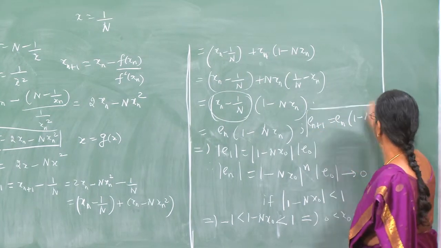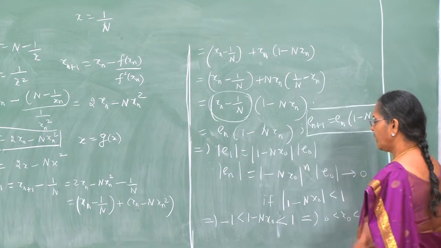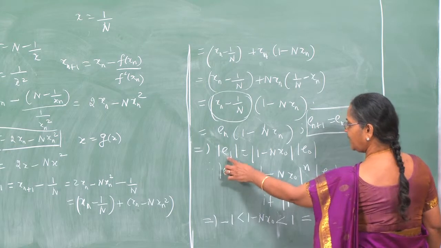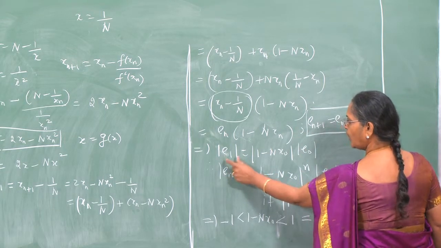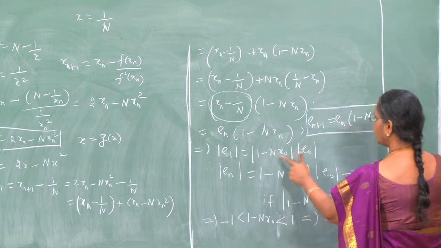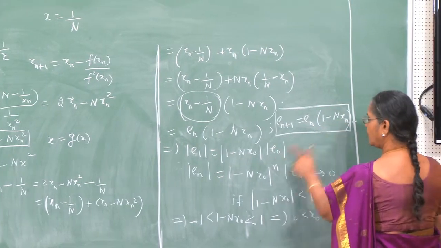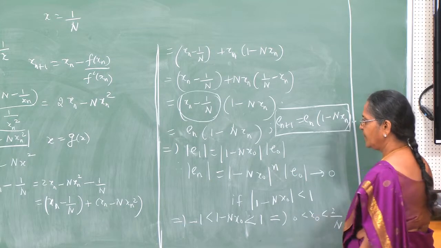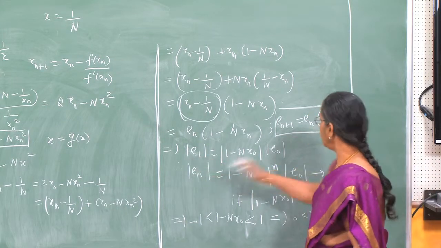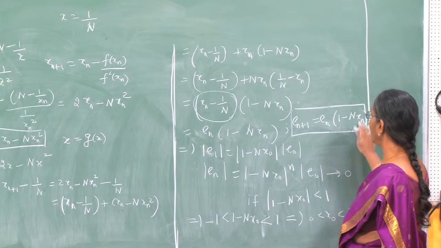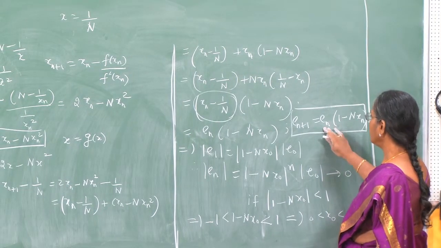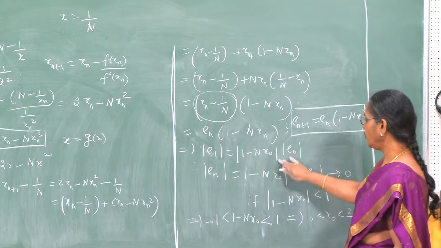We make use of this and write down the error at the first step in absolute value. So, mod E1 will be modulus of 1 minus n x naught into mod E naught. What will be mod E2? Mod E2 is mod 1 minus n x naught into mod E1, that is mod 1 minus n x naught into mod E naught.